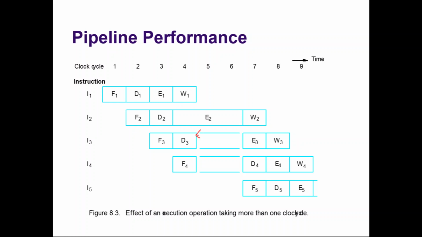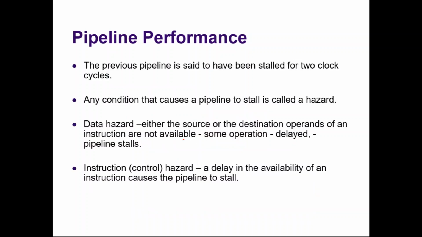Why is instruction 3 stalled? Because the data is not available from instruction 2. It has not finished execution. Only if it finishes execution will the data be available, and then only can instruction 3 execute. As the data is not available, the stall is created, so it is called a data hazard.